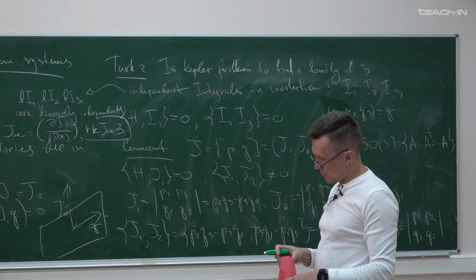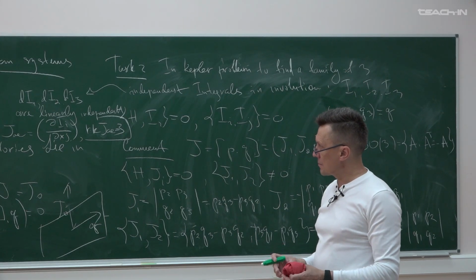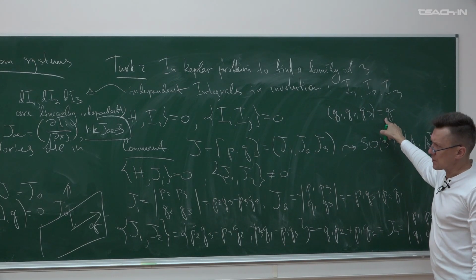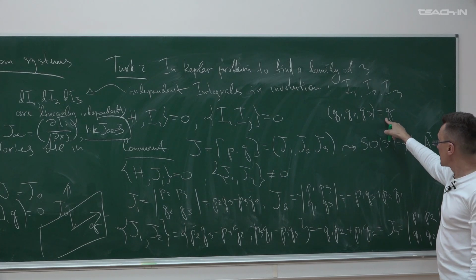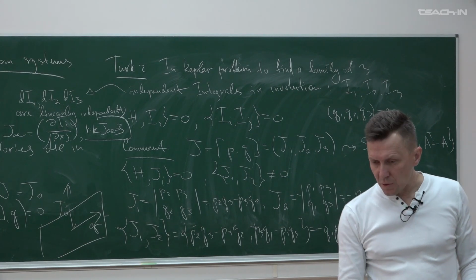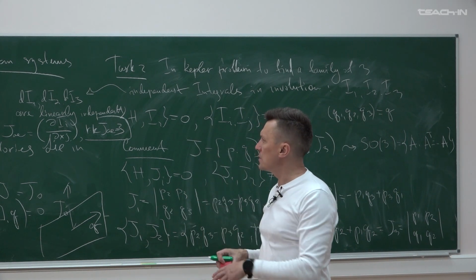So it's a vector function on the phase space. You are right, but you can calculate its Poisson brackets by coordinates.